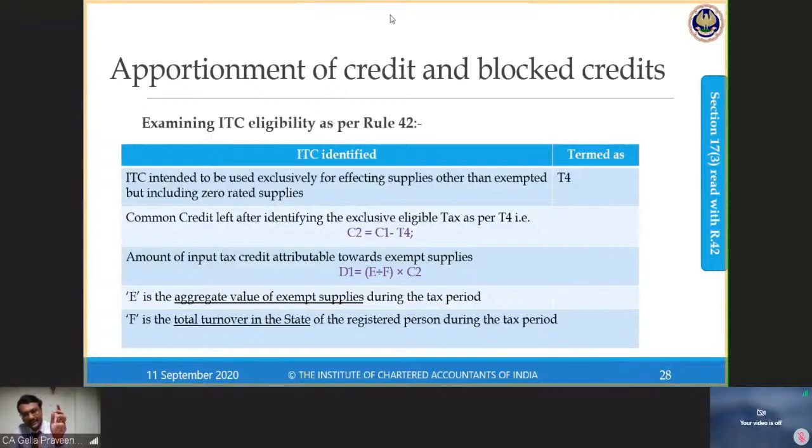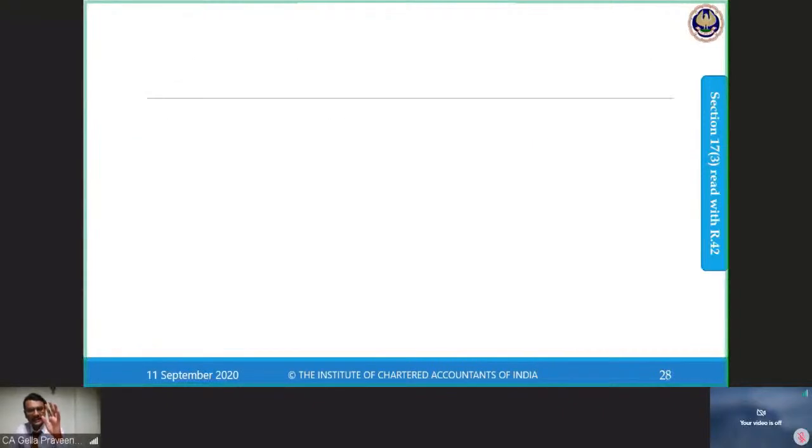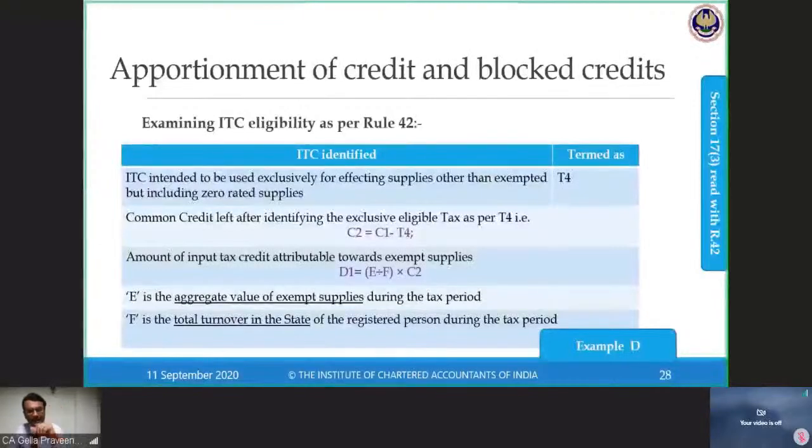I'll take you through this in a stage by stage manner. Now come to our Excel file. Hope you are able to understand this terminology, whatever we have written, T1, T2, T3 and C1, C2. This is something which we have to practice. Come to the Excel file. There is an example D. If you come to example D, we will have clarity on how to understand this.